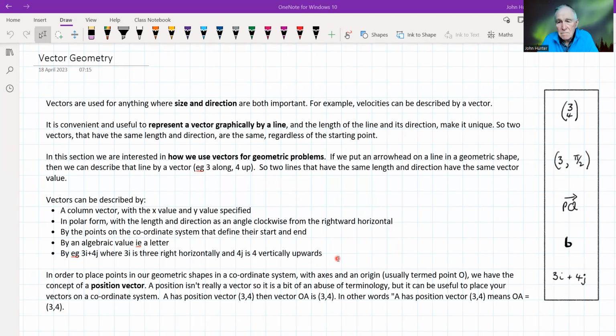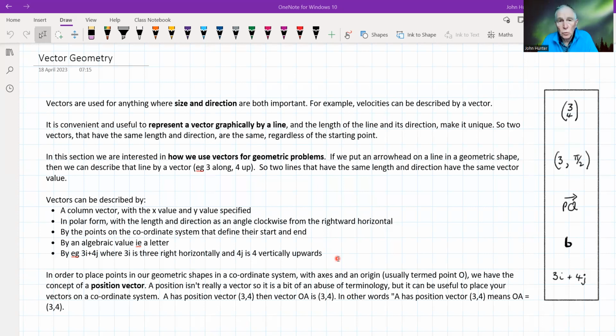Vectors are values that have both size and direction. Size and direction, both important, and therefore we can describe things like velocities and forces by vectors, because the size of them and the direction in which they are acting are both important.